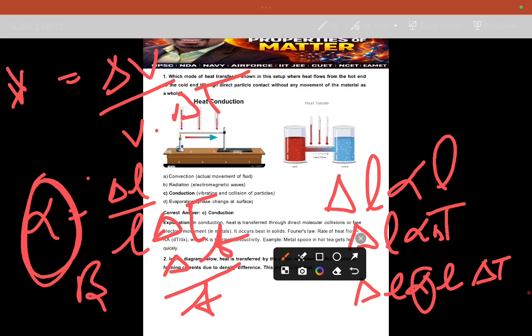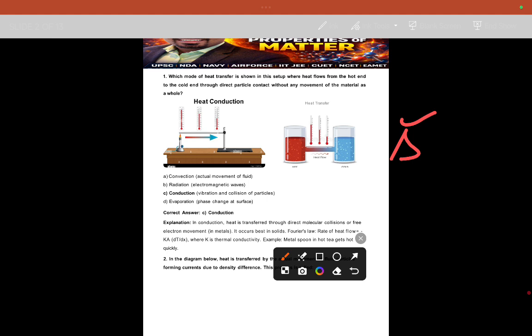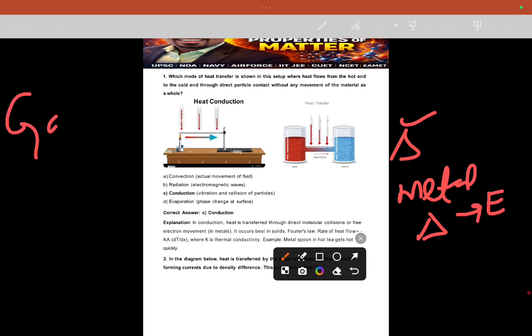This is all about thermal expansion. Generally, all metals expand on applying heat. Metals upon heat are expanding. Am I right? Even gases also will expand upon heating.